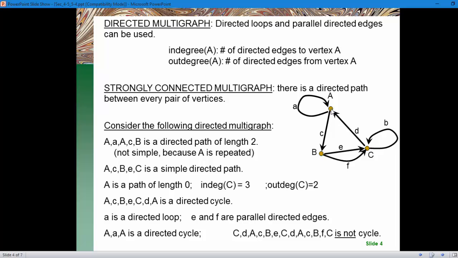Notice that we cannot have a path going from A through D and arriving at C, because D is a directed edge that would go the opposite direction of the path. So we cannot have that. A directed path can only have edges that go in the same direction as the path.